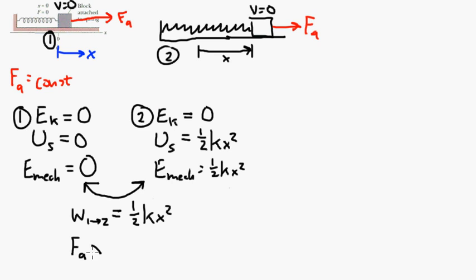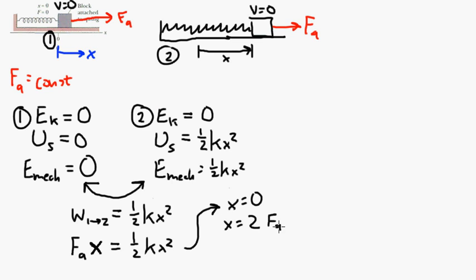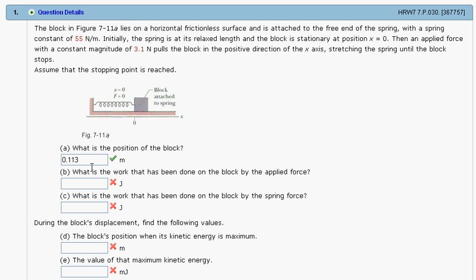So applied force times x equals 1/2 k x squared. And that has two solutions. One is x equals 0, kind of obviously. The other one, if you factor out the x, is that x equals 2 times the applied force over k. And that's the same answer we got using the other method. I've already plugged in my numbers and gotten 0.113 meters, and that was correct.